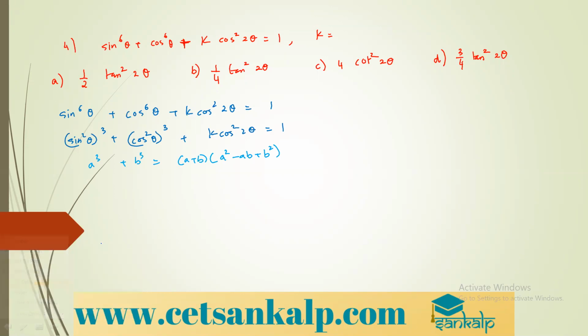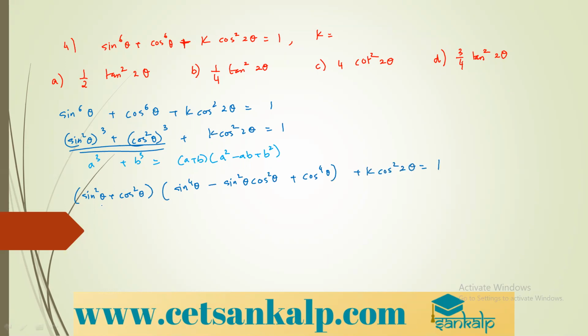I will use this for these two particularly. So I will write a plus b into a square, that is sine power 4 theta, minus ab, that is sine square theta cos square theta, plus b square, that is cos power 4 theta, and then k cos square 2 theta equal to 1.